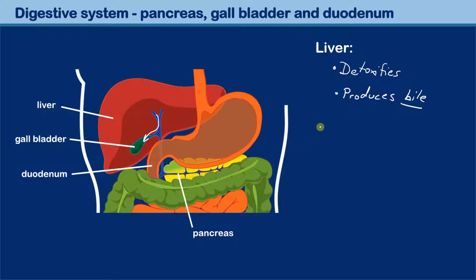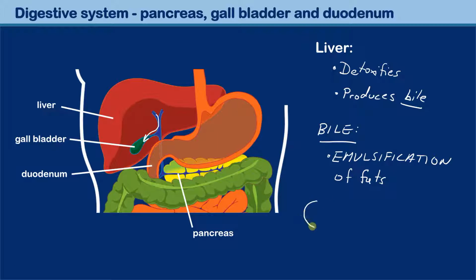So what does the bile do? The bile is responsible for the emulsification of fats. And an emulsification is the breakdown of a large fat droplet into smaller fat droplets.